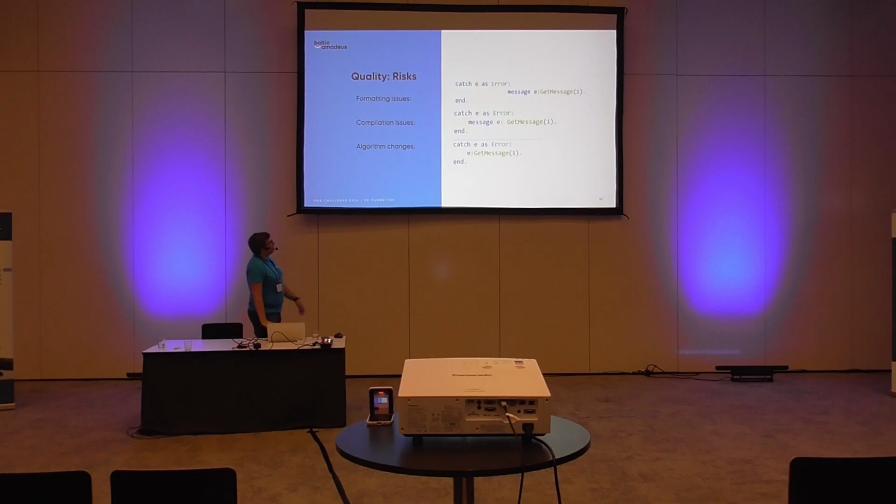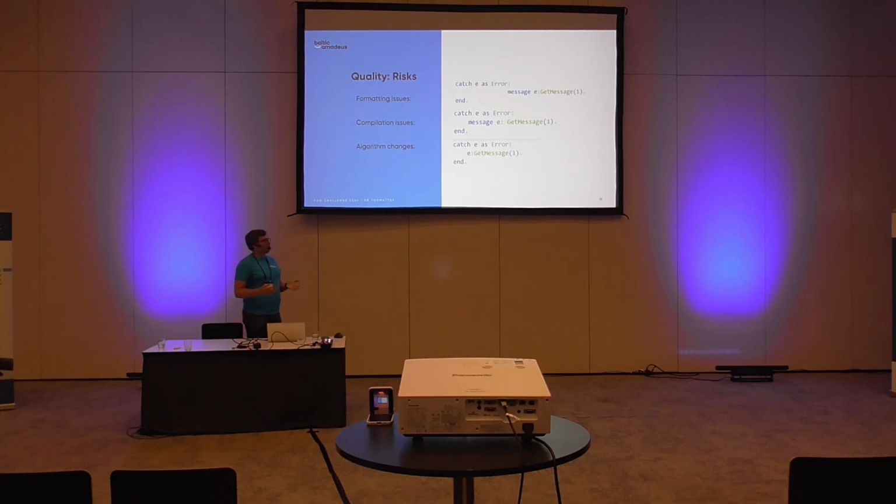For example, if you have your huge code, and you format it, and in one little place it removes part of a statement, let's say in this case the message, and it still compiles, and it still looks good, but it doesn't do the same thing as it was meant to do. So this is even worse.